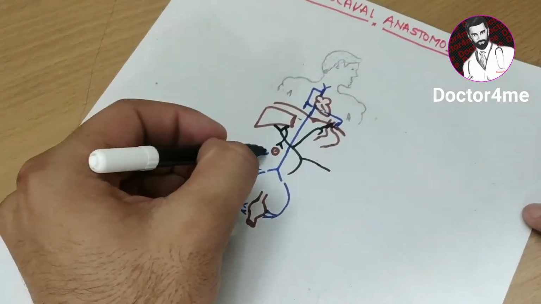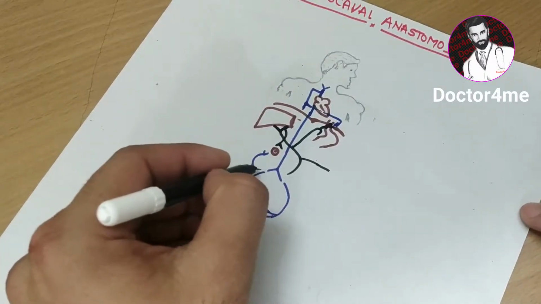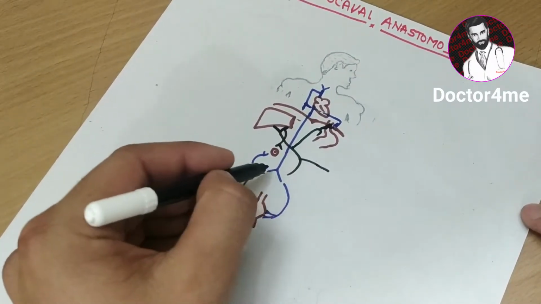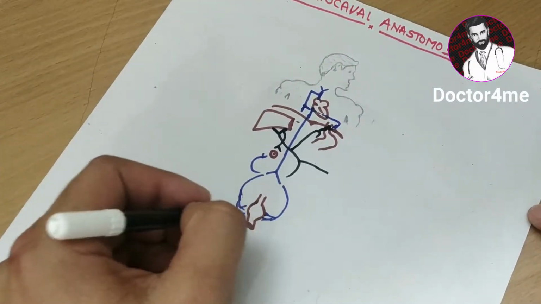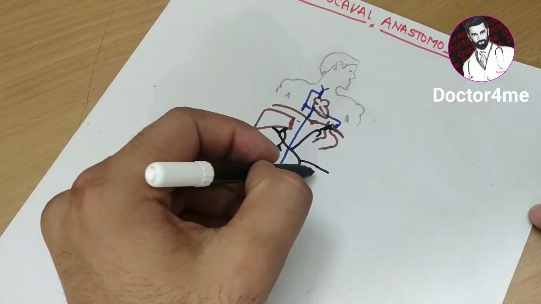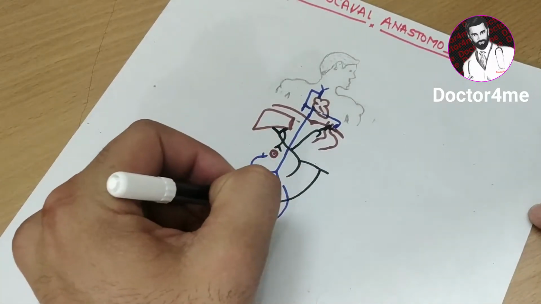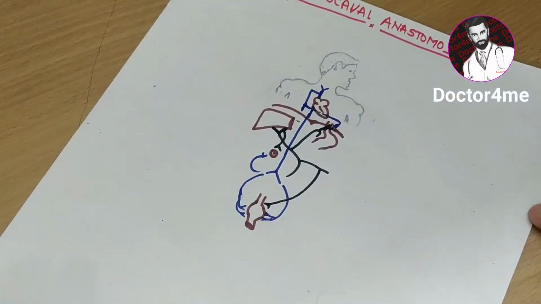Here the paraumbilical vein and the systemic epigastric veins will directly drain to the systemic circulation. Here these are the middle and inferior rectal veins. The superior rectal vein will drain to the splenic vein.